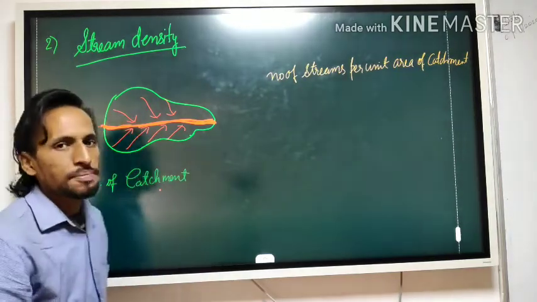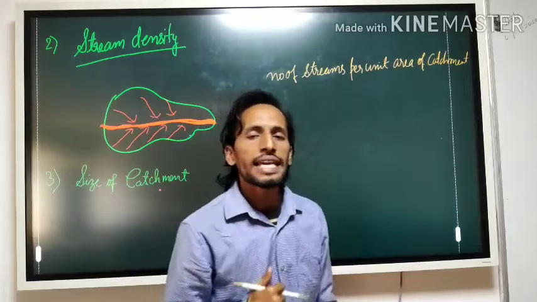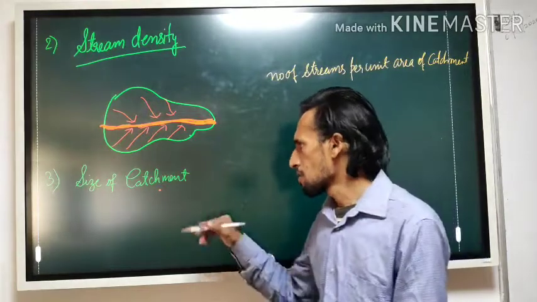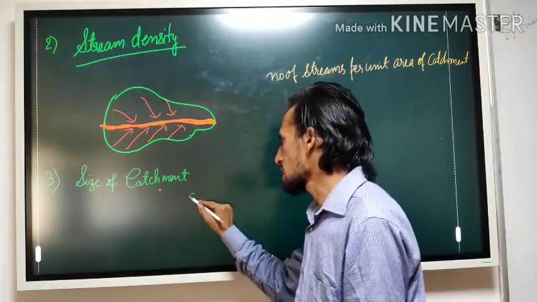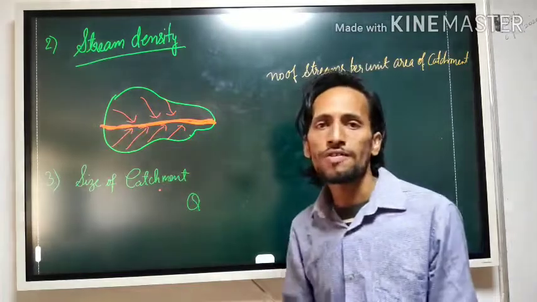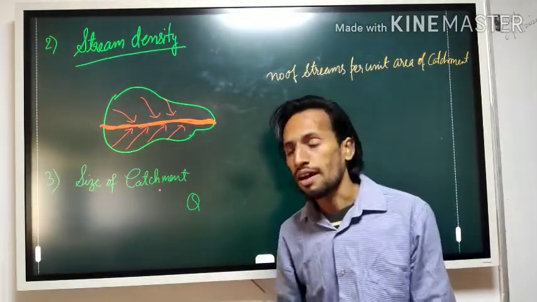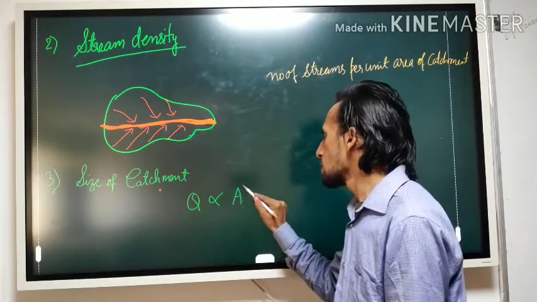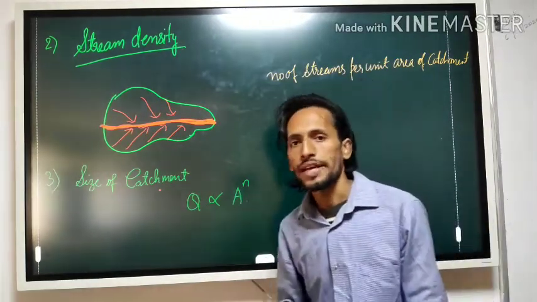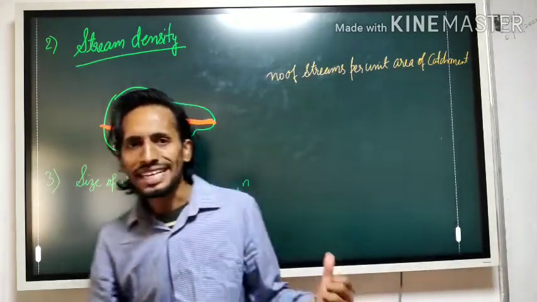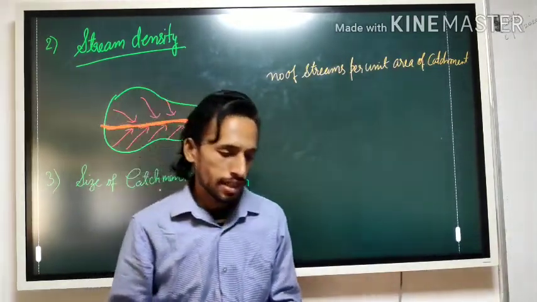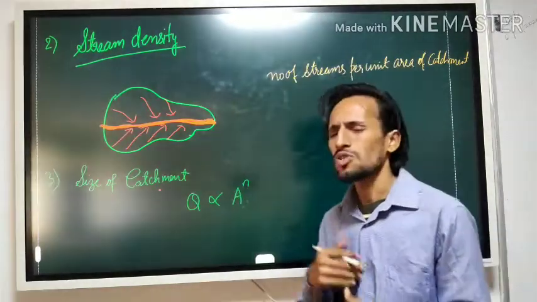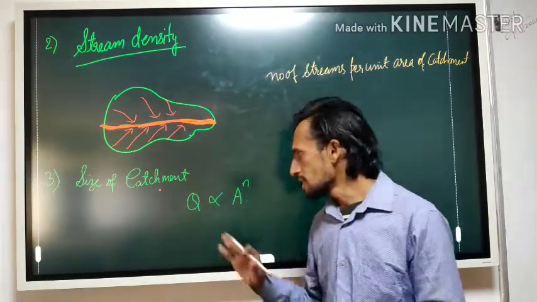How big the catchment is will also determine the shape. A rough prediction is that the discharge of the hydrograph is directly proportional to the area with some power n. That n depends on various factors, depending on what type of catchment area it is, and many factors determine this n.